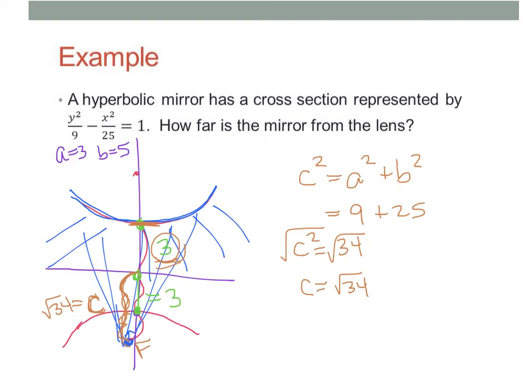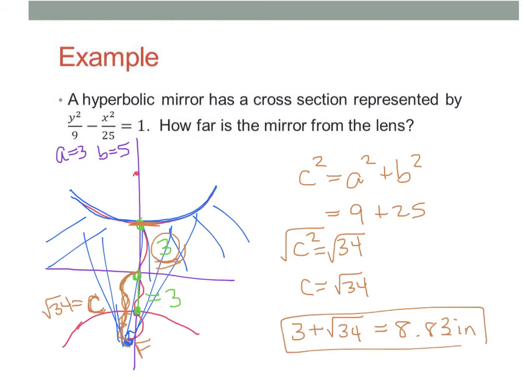So the distance from the mirror to the lens is going to be 3 plus the square root of 34. If you wanted to change that into a decimal, it is roughly 8.83 inches. So just really utilizing our A, B, and C and what they represent and finding that distance.